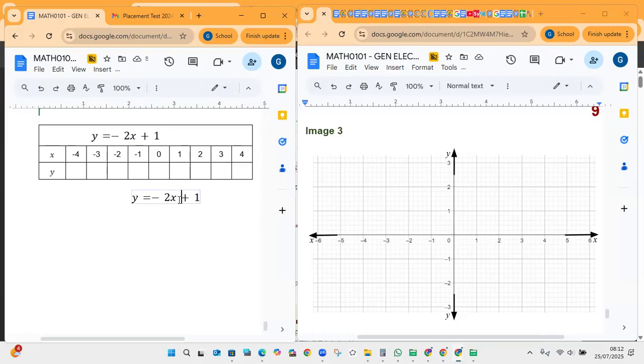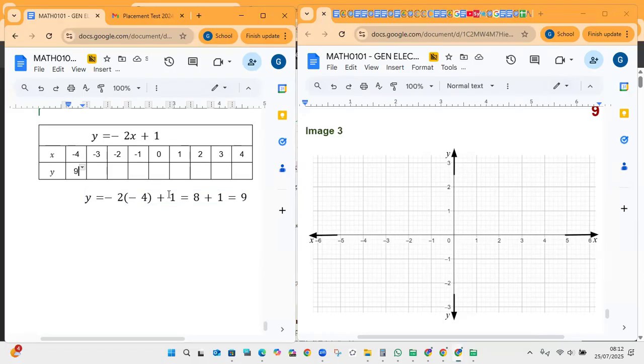Always when we see x, we input the x solutions, and then we see what comes out. What is the output? This is 2 times negative 4, negative 2 times negative 4. A negative times a negative is a positive. 2 times 4 is a positive 8. Plus 1, 8 plus 1 is equal to 9. So out comes 9. That's the output when you input negative 4.